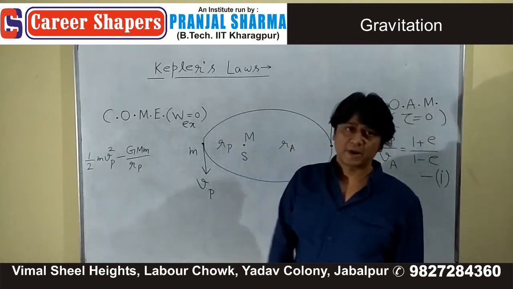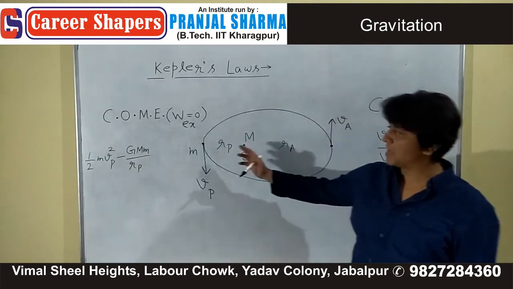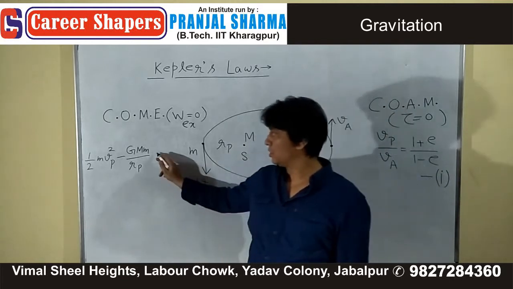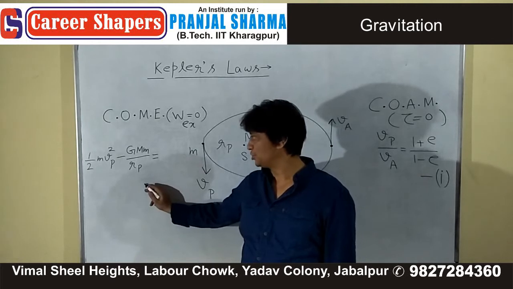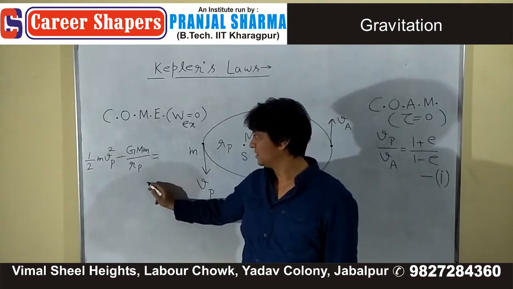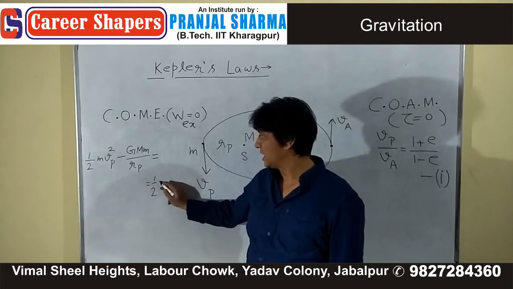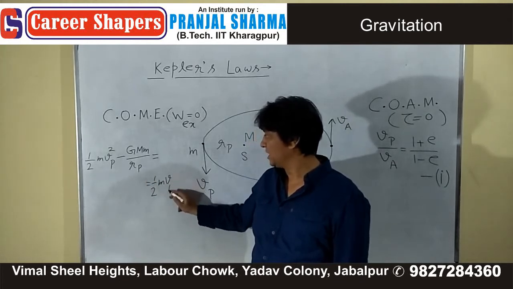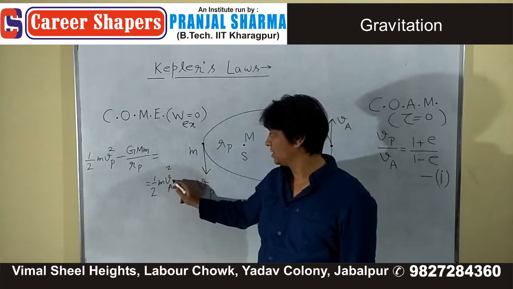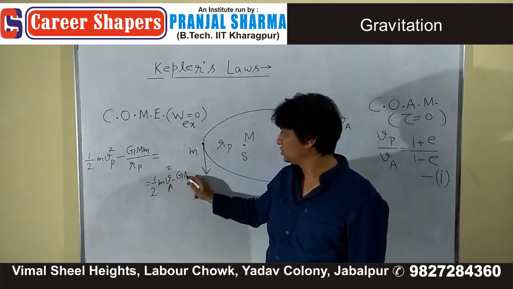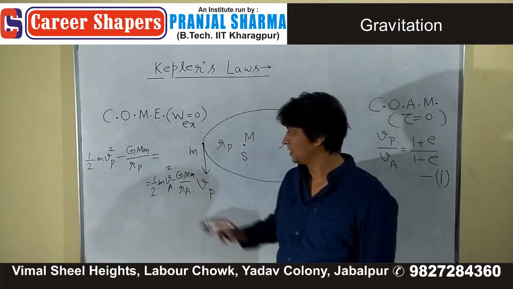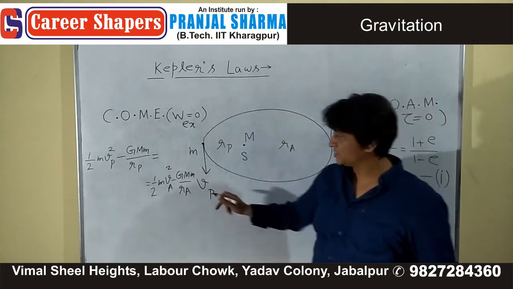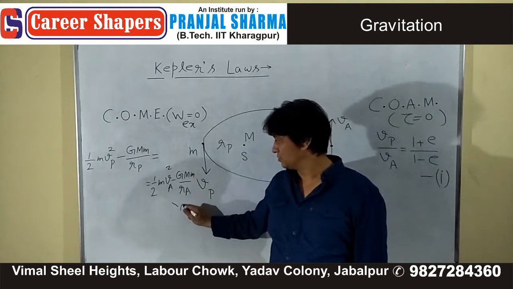This is total mechanical energy at perigee, which is equal to total mechanical energy at apogee, and at apogee this energy is half m Va square minus G M m divided by Ra. This is your equation number 2.